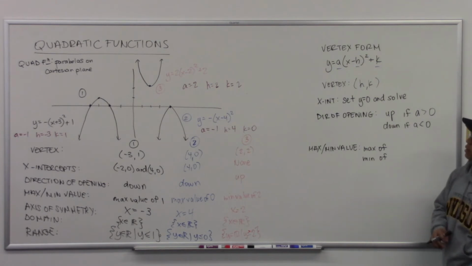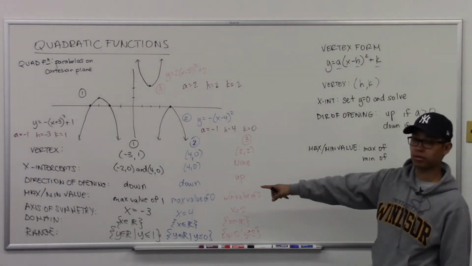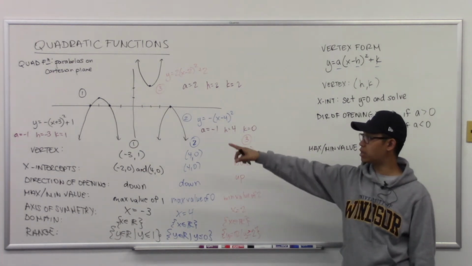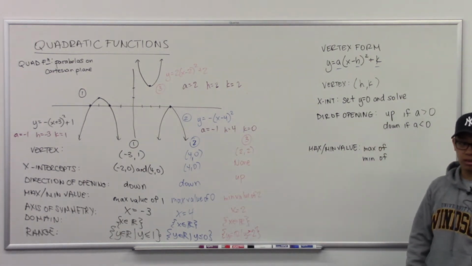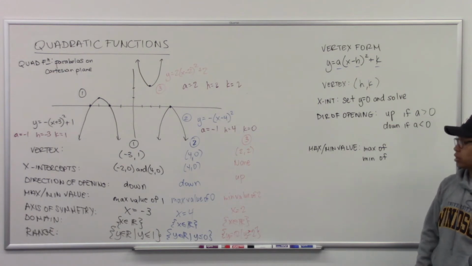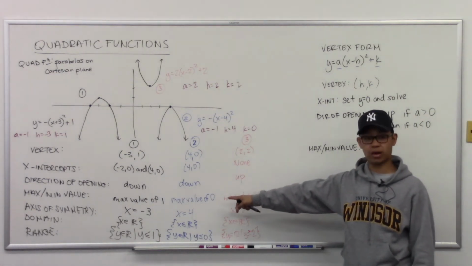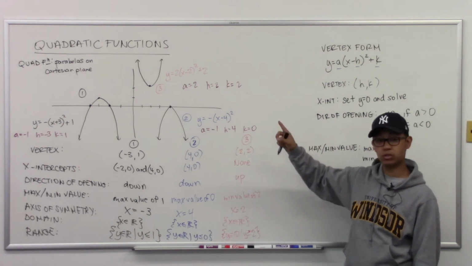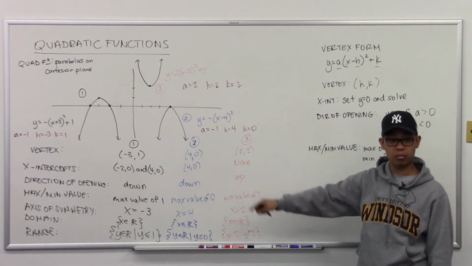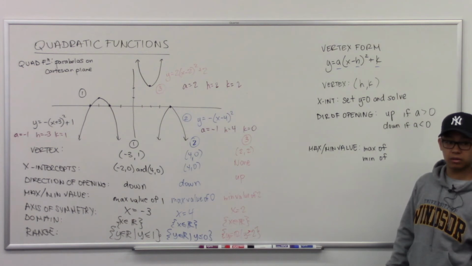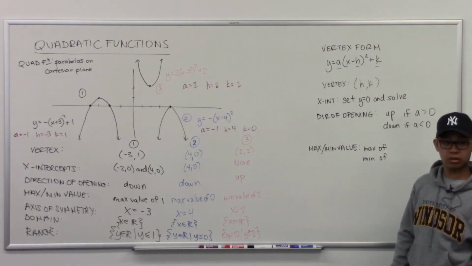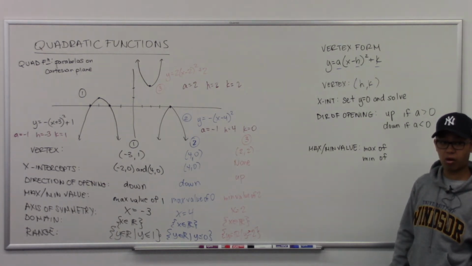Katie, look at the max or min value here, and tell me how you can tell from the A, H, and K. Look at the max value or min value, what each of them are, and compare them to the A, H, and K. Which one is giving you the max or min value? Max is K, and min is H. No, it's always K. It's always K.